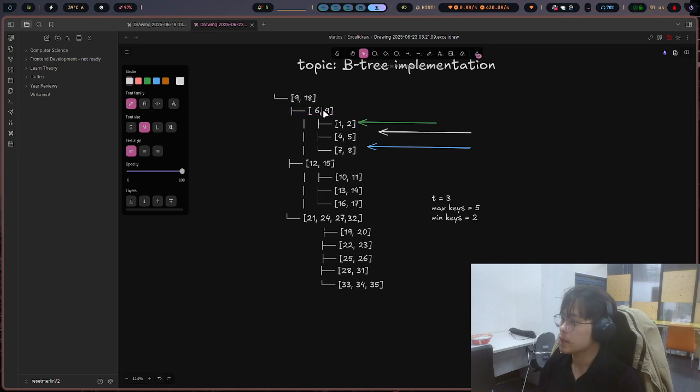And what do the papers or the PDF or PowerPoint from college say about this? If you're trying to delete an internal node, whatever you borrow from the siblings, you have to do it like this.